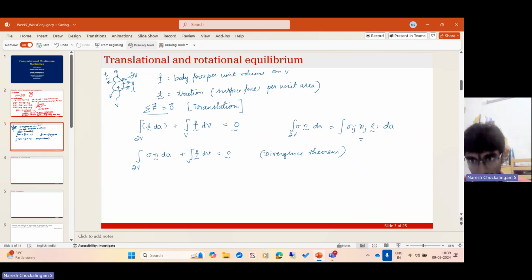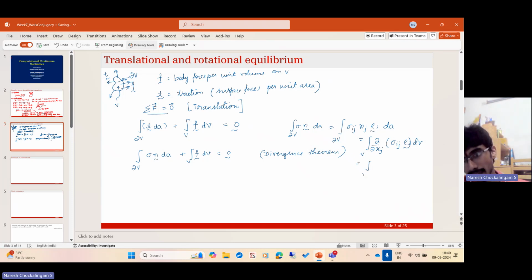And so the divergence theorem in a crude form, you can say whenever nj appears, you can replace it with d by dxj and replace the surface integral with the volume integral. So this means it is partial xj of sigma ij ei dV. Ei is a basis vector which is independent of the spatial coordinate.